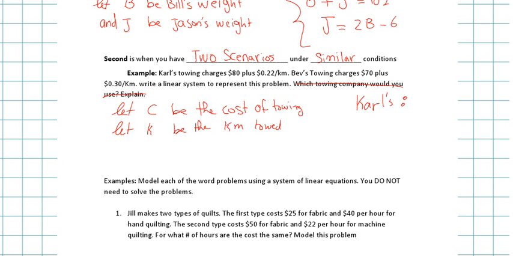The cost is equal to what? $80, plus 22 cents per kilometer. You're going to have to pay $80, but on top of it, you're going to have to pay 22 cents every kilometer. So that's times K, because K represents kilometers.